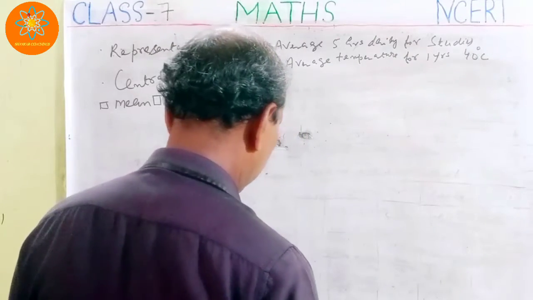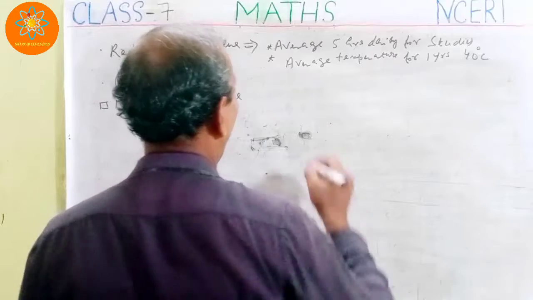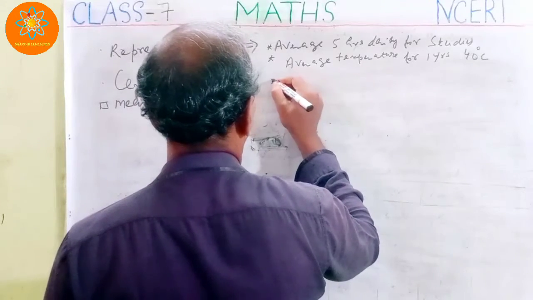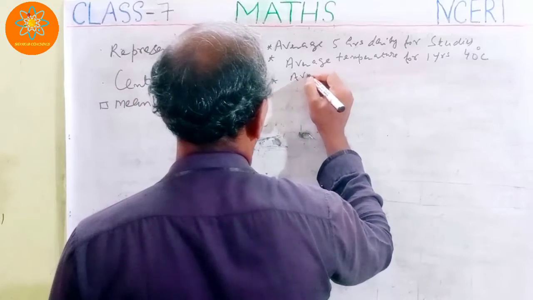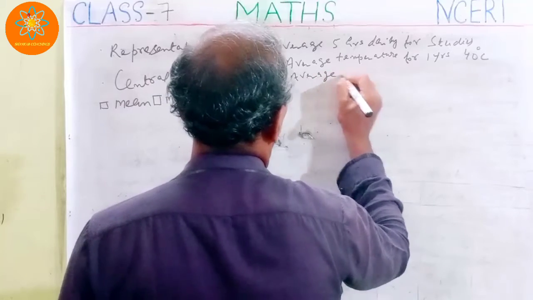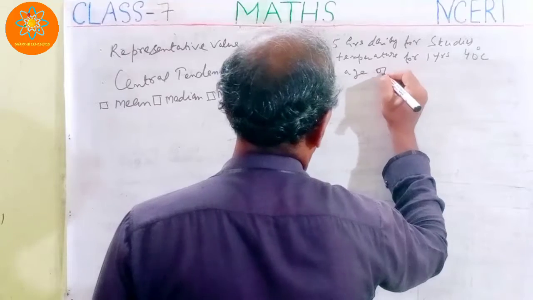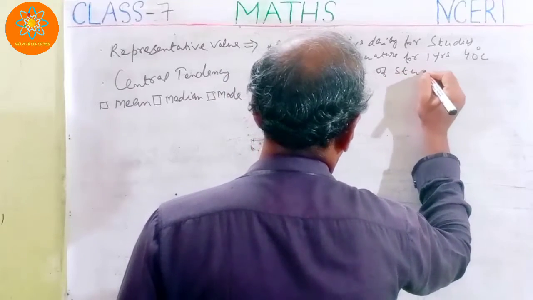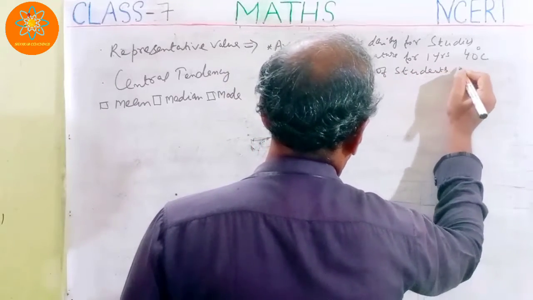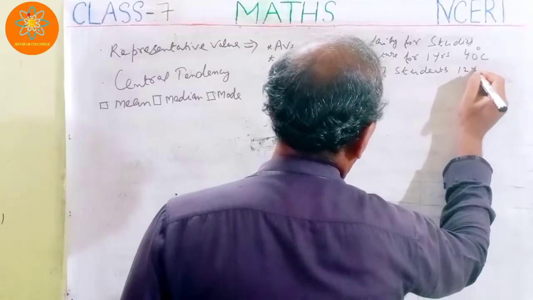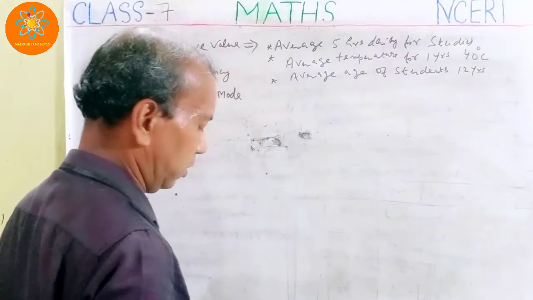Then the next one is average age of students, age 12 years.